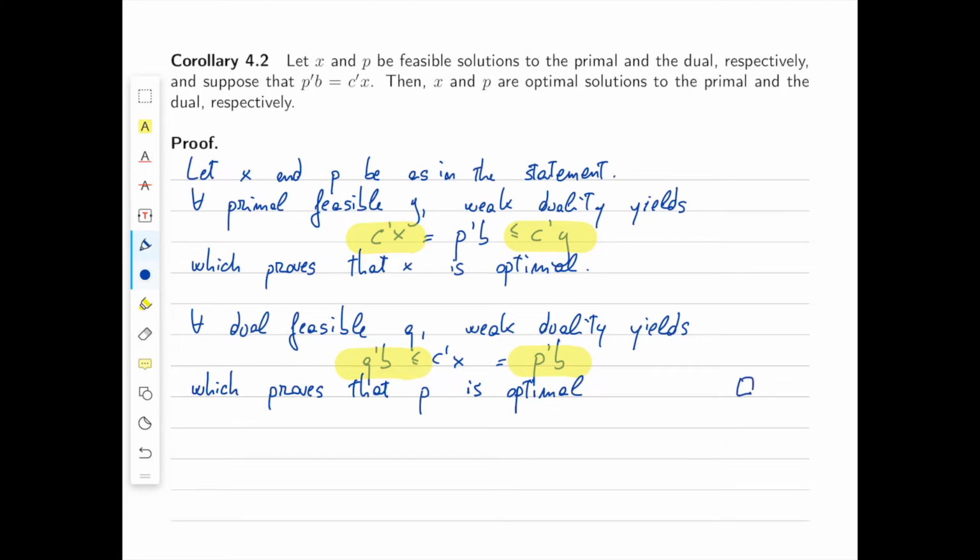This concludes the proof of corollary 4.2. Let's now get back to the slides.